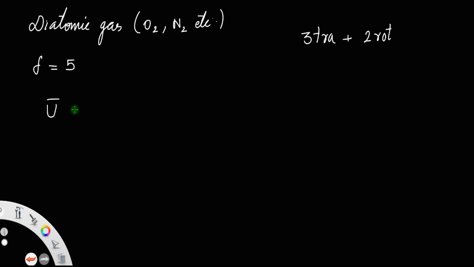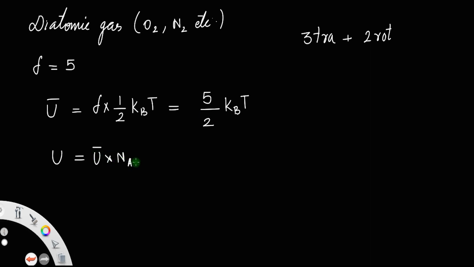So U bar is equal to F into half kBT, like we said before, which is equal to 5 by 2 kBT. Now U is equal to U bar times Avogadro number. So 5 by 2 kBT into Na, Avogadro number. So this is equal to, kB times Na is R, so 5 by 2 RT.